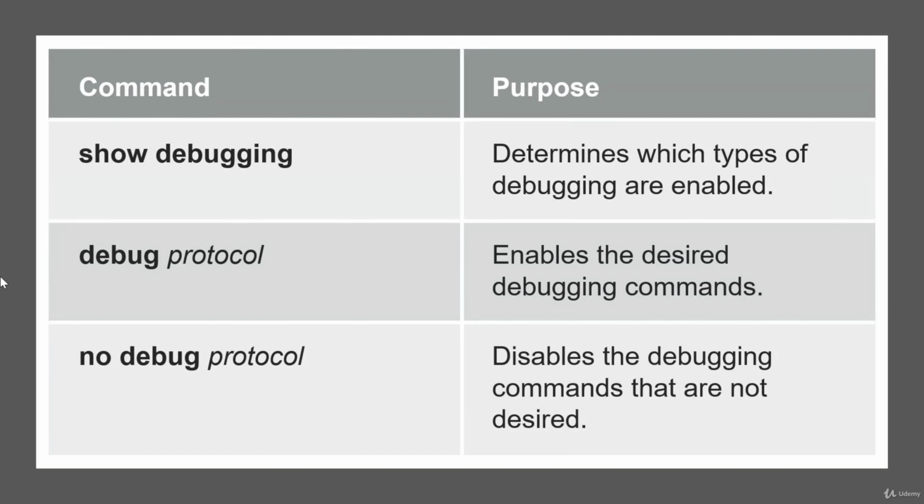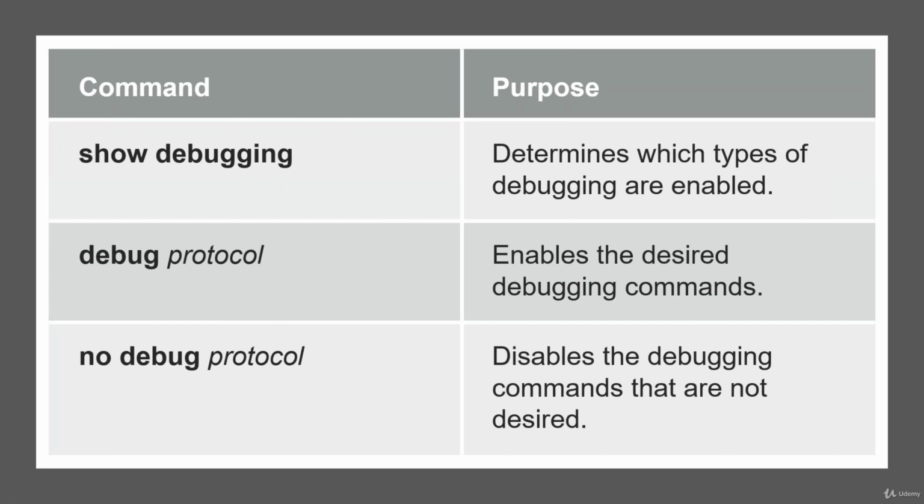So what we can do, that we can go and enable debug. For that, we should go to the exec mode and run debug, and then we have multiple options to enable that debug. We can go and undebug as well with the command no debug protocol. So enable the protocol or turn on the protocol, take the logs, do the analysis and turn off the protocol. Then we have the show debugging option.